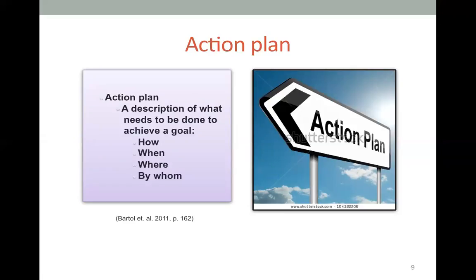The action plan includes these elements. How we'll do it, which reflects the specific action that we need to develop. When do we need to do it, the timeline. And by whom, or the person in charge. Who is in charge of this action?